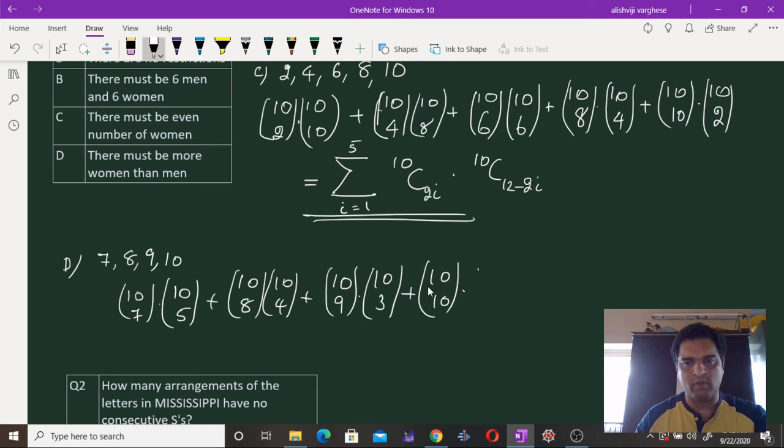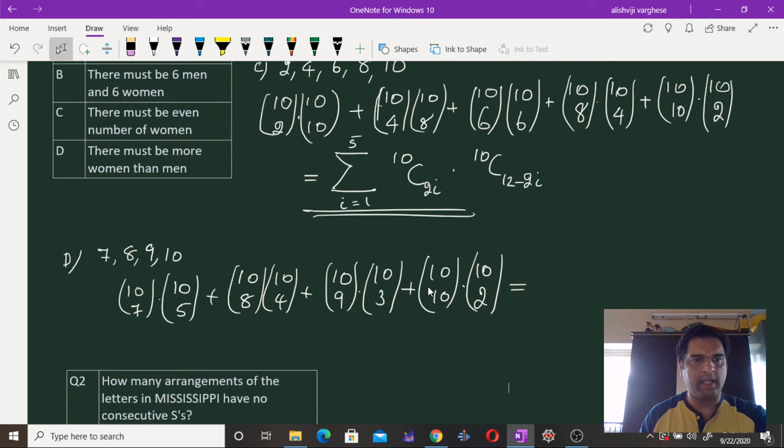Then the remaining 2 positions are chosen from men, so it is 10C2 ways. So that is the number of ways in which we can choose the committee with more women than men.